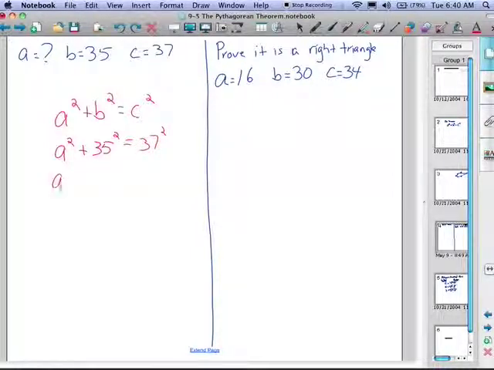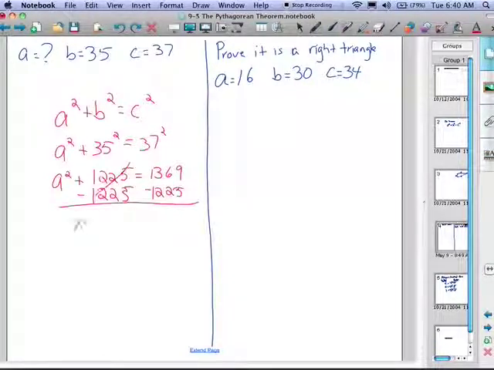Simplifying these squareds, A squared plus 1,225 units equals 1,369 units. We'll subtract the 1,225 from both sides. They cancel each other out, and we have A squared equals 144.